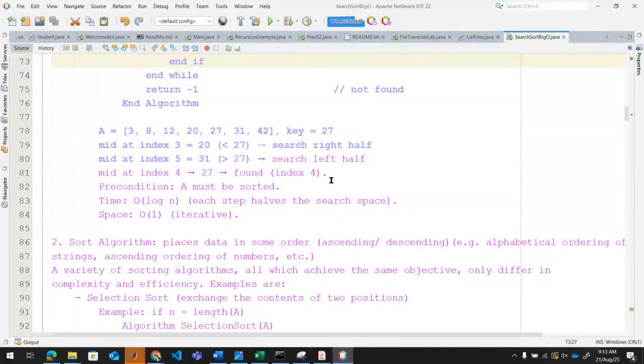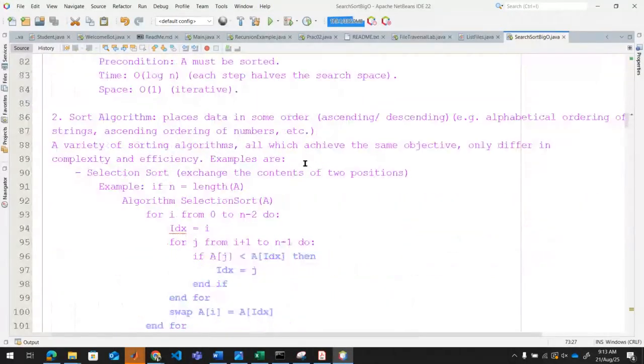We have 2 examples, like I stated, the linear and the binary search. The next thing now is to look at the sorting algorithms. For sorting algorithms, we want to have some data collection and be able to sort it in a specific order, for example ascending.